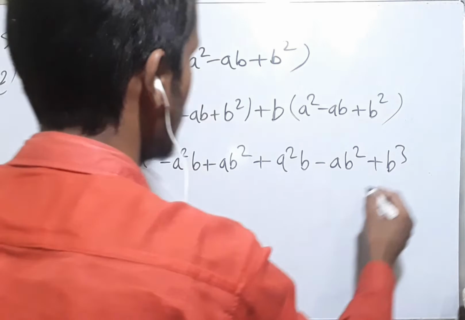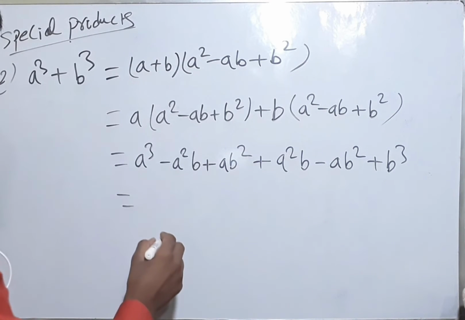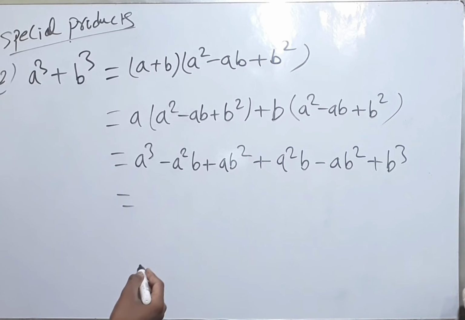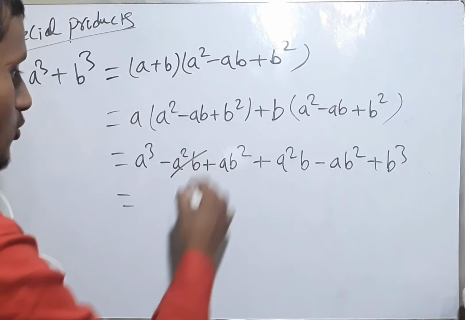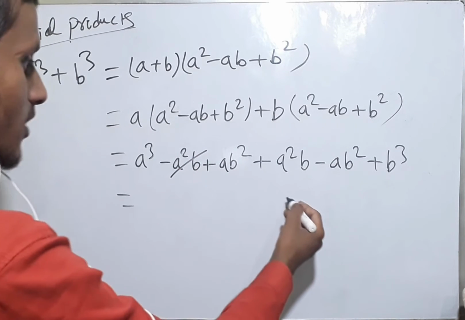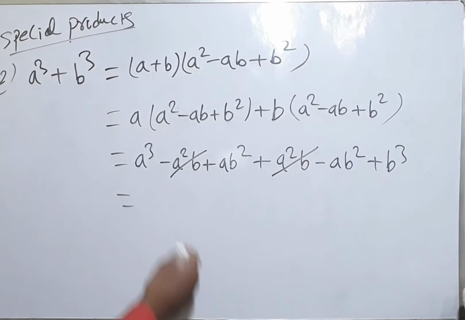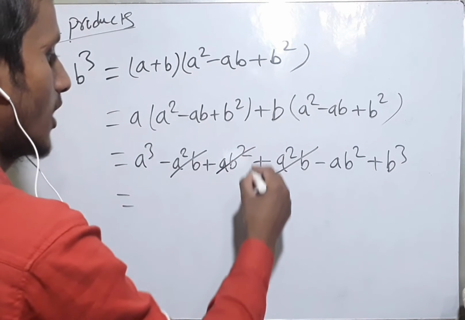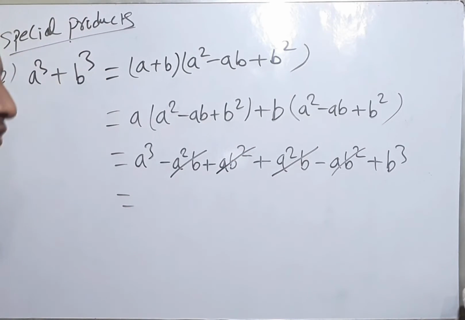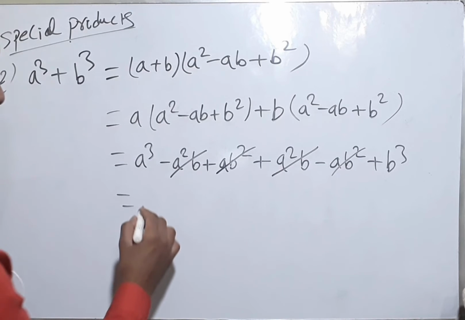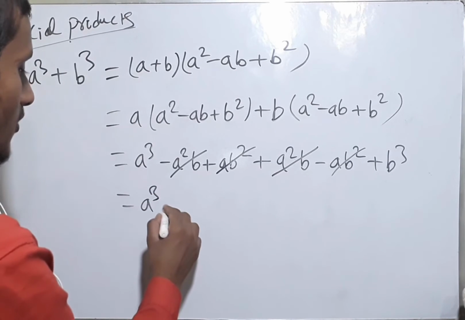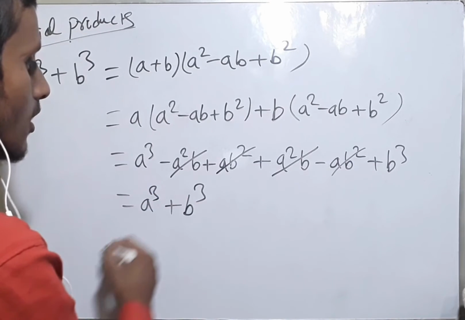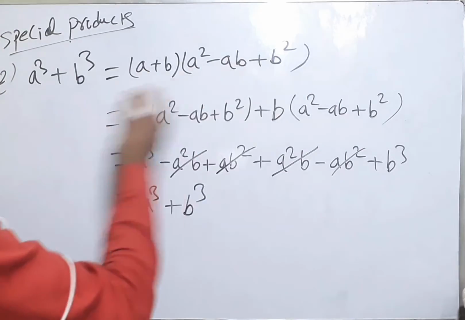Now a squared b and this a squared b will cancel out because we have minus there and plus there. Now ab squared and this ab squared in the same fashion will cancel each other out, and we will have left a cubed plus b cubed, meaning indeed these are equal.